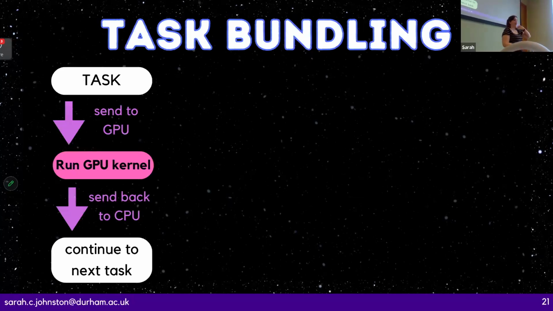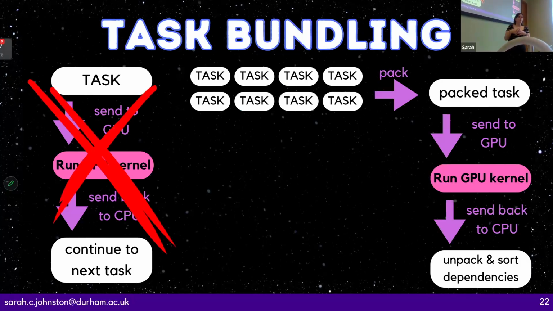And this is something that we labeled, I think unofficially, because I don't think it's a technical term, as task bundling. So the idea was that instead of what we had previously, which is that we had a task that was gravity related, we just send that to the GPU, we'd run the kernel, send it back, and then continue on to our next task, we actually stored and grouped together tasks. And we would wait for an allotted number of the same type of tasks to come by.